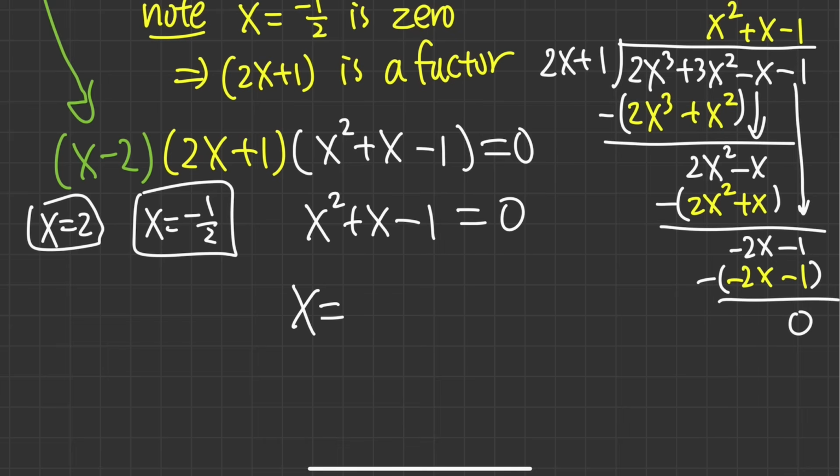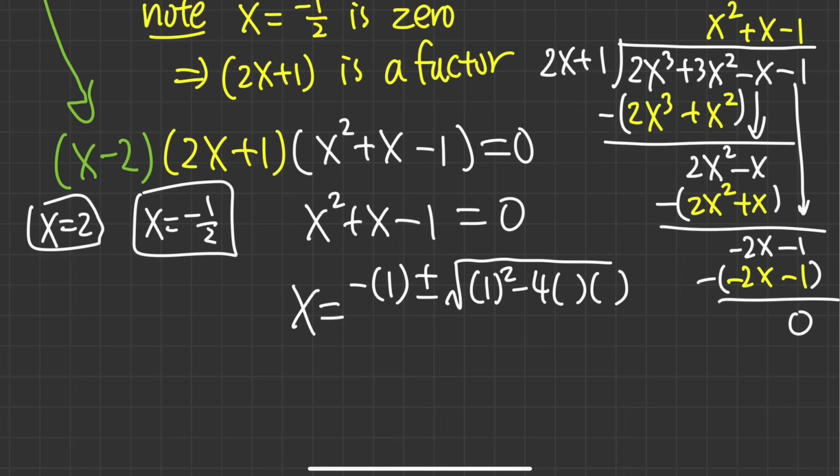Use the quadratic formula. We have negative b. b is 1, plus or minus square root of b, which is 1, square that, minus 4ac. a is 1, c is negative 1. All over 2 times a, which is 1.